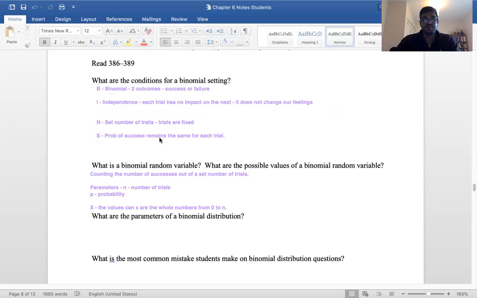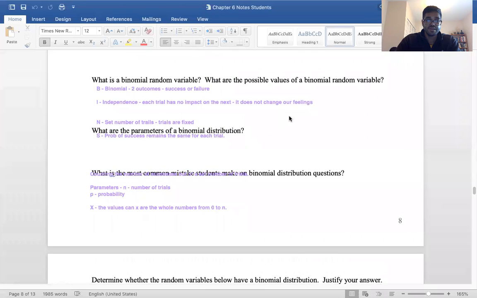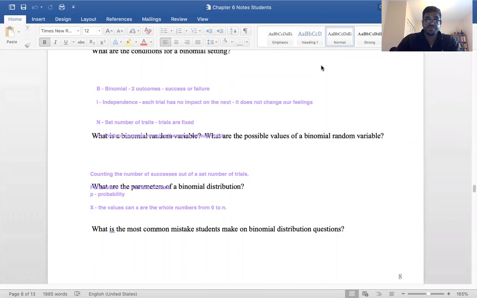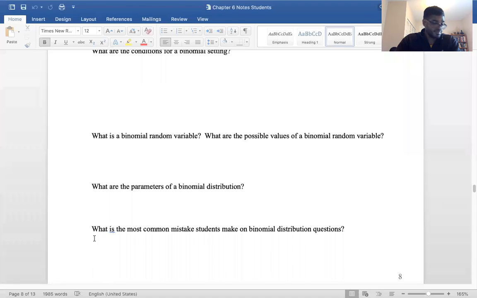So that's kind of what the binomial is, just the framework for how we're going to work with this. And so what are the parameters? I wrote it up above. N and P, where N is the number of trials, P is the probability. And what's the number one mistake students are going to make? Not realizing we have a fixed number of trials.